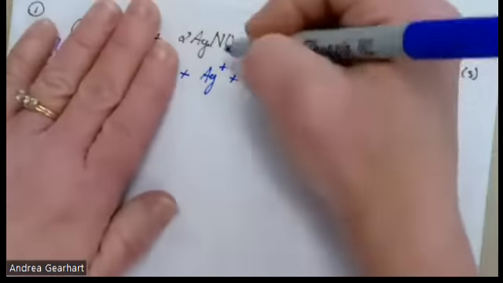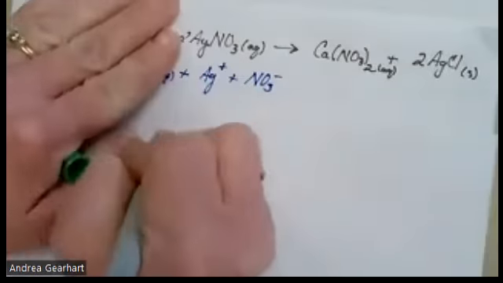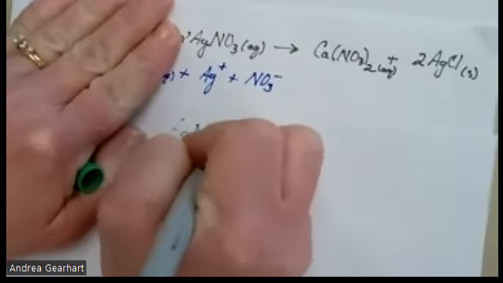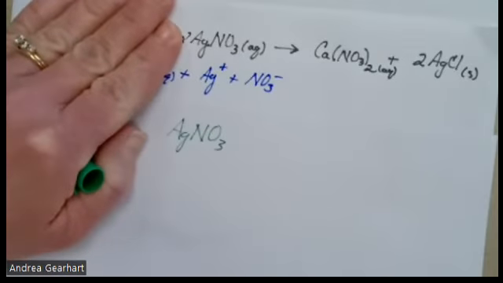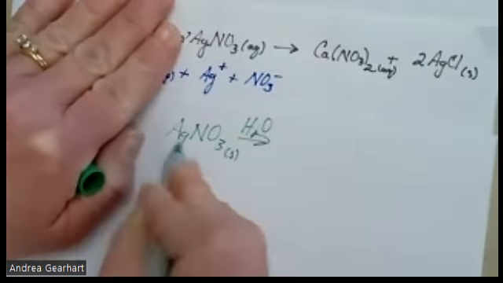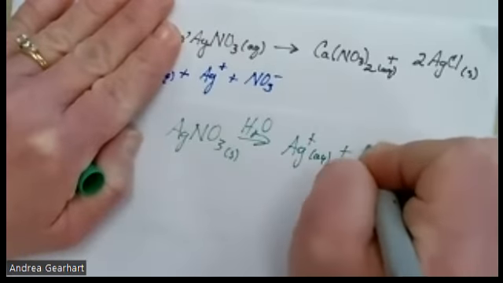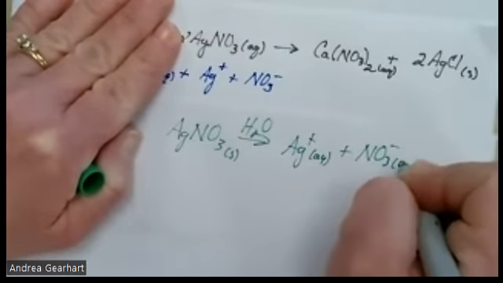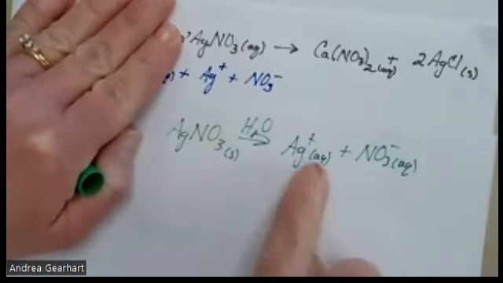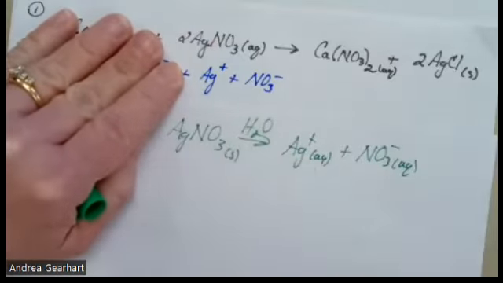Just like we said together in class, whenever we dissolve this soluble ionic in water, it will dissociate. You create separate silver from the nitrate ion. Remember we did that? Well, that's just what we're doing here.